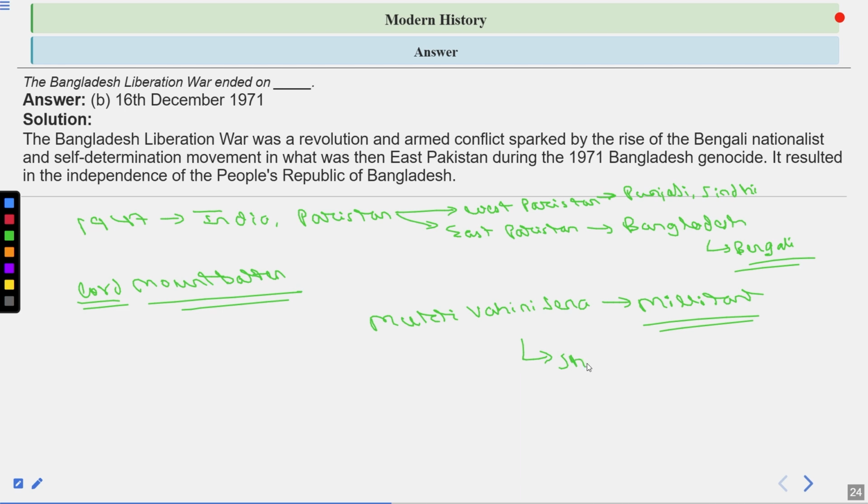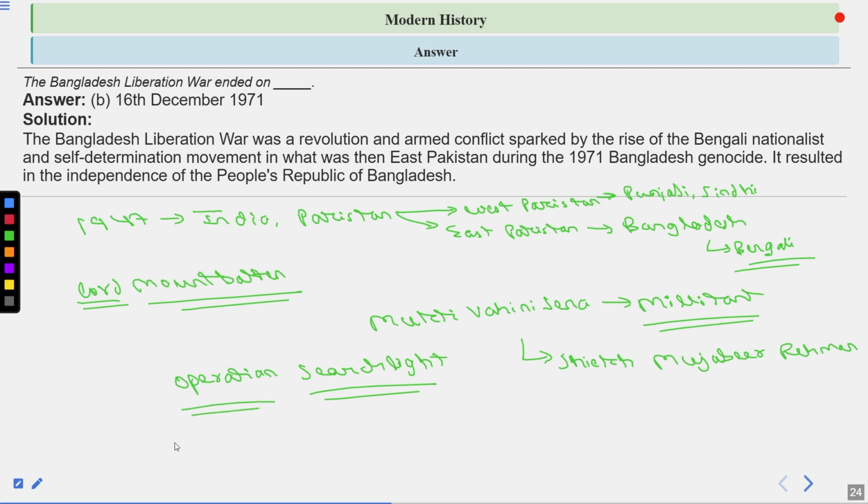The leader of this conflict was Sheikh Mujibur Rahman. And against this entire revolutionary movement, the Pakistani military launched Operation Searchlight, in which they killed many Bangladeshis, the Bengali-speaking people of East Pakistan.